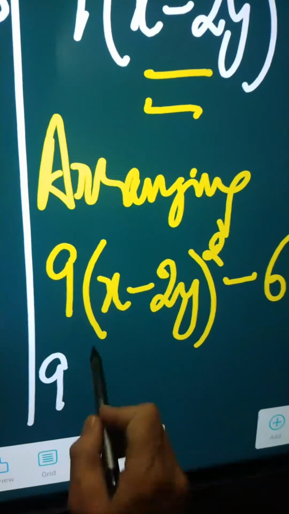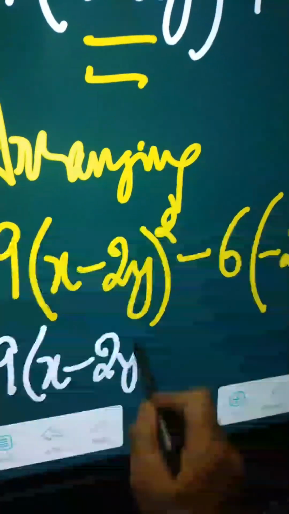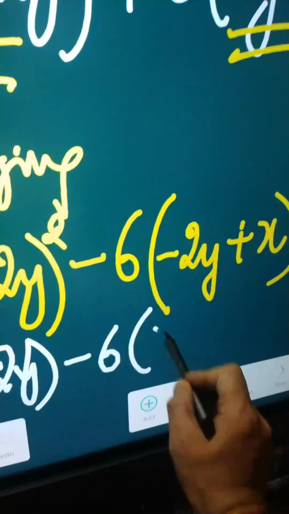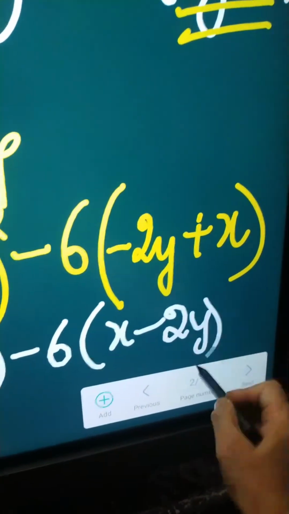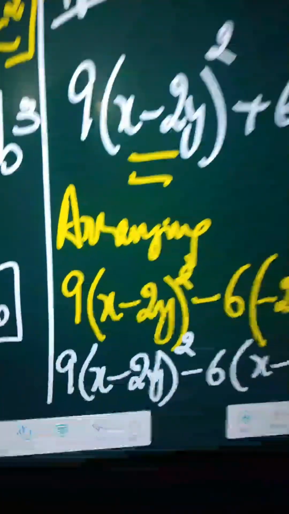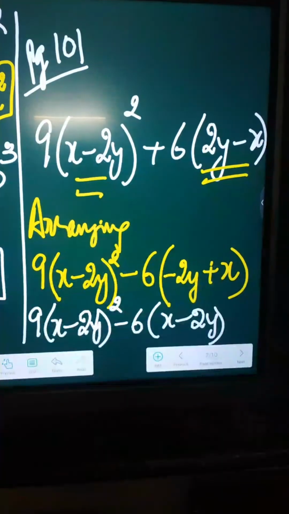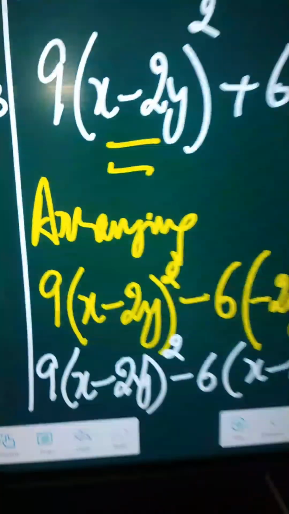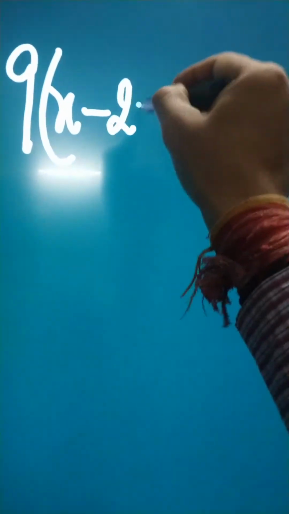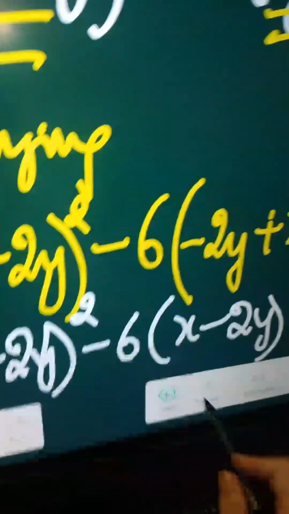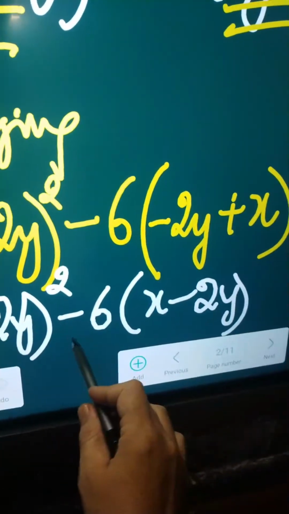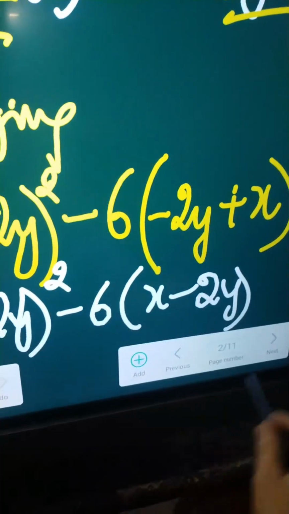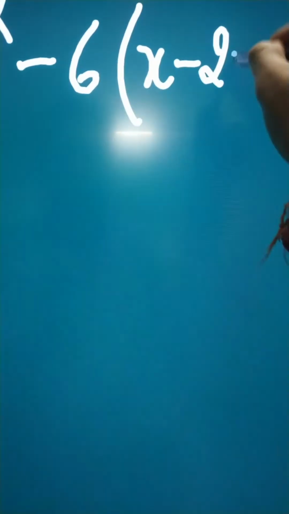It becomes 9 into (x minus 2y) minus 6 into (x minus 2y). So the question has become 9 (x minus 2y) square, and this term which is written here will be written as it is: minus 6 bracket x minus 2y.